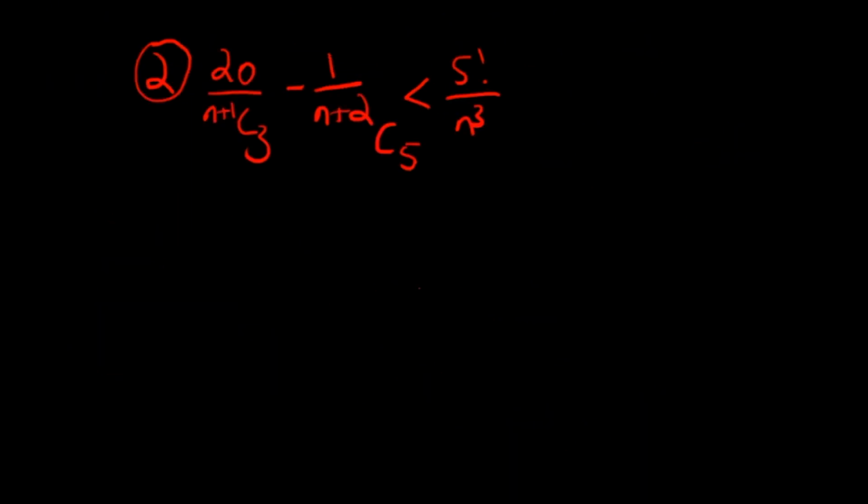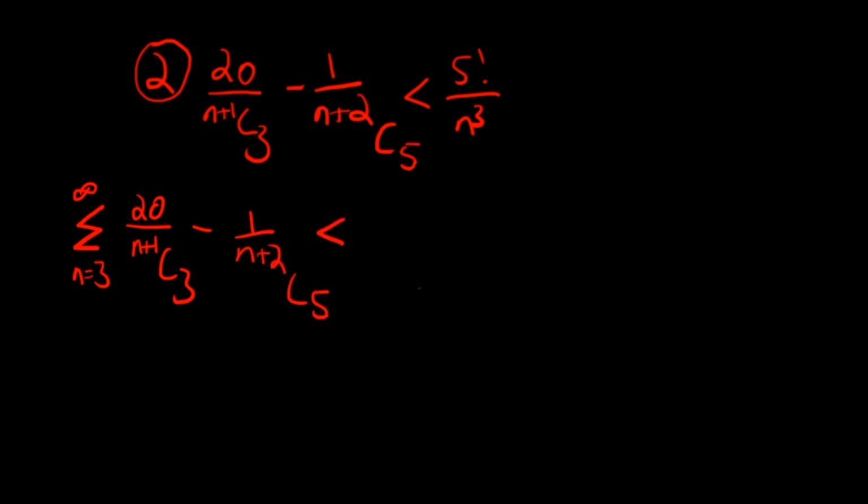Okay, so I've written the second inequality again, and just as we did with the first inequality, let's sum both sides from n equals 3 to infinity. So that'll give us the sum from n equals 3 to infinity of 20 over n plus 1 C3 minus 1 over n plus 2 C5 is less than 5 factorial over n cubed.